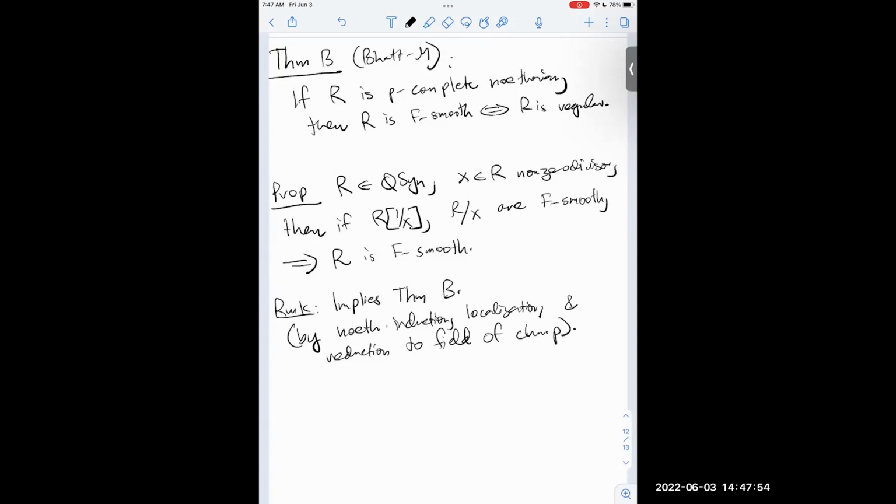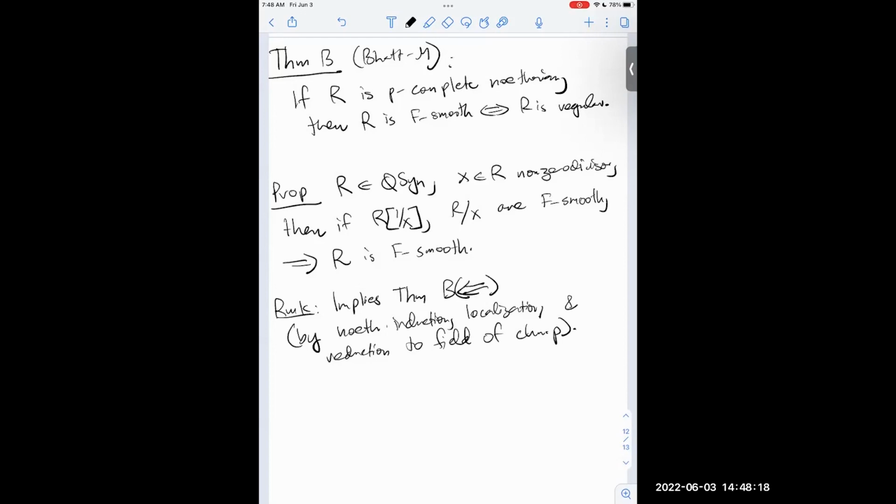Sorry, there's a question from Oprah. Well, this is one direction of theorem B. The other one, that regularity is implied by F-smoothness, requires something else. Yes, thank you.